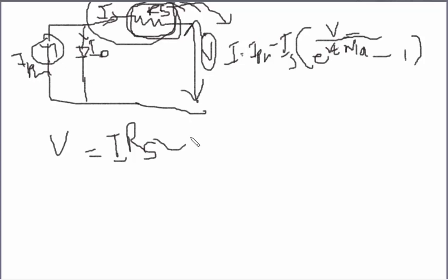Now what we will write: this is the previously contained voltage, that is called V, and this amount of voltage will add up. Suppose I make one V1, V1 is nothing but I into Rs if I add series resistance.